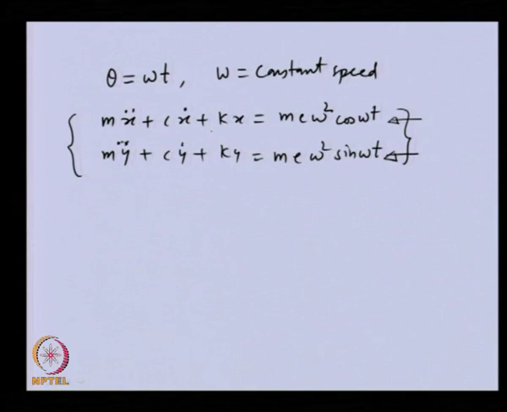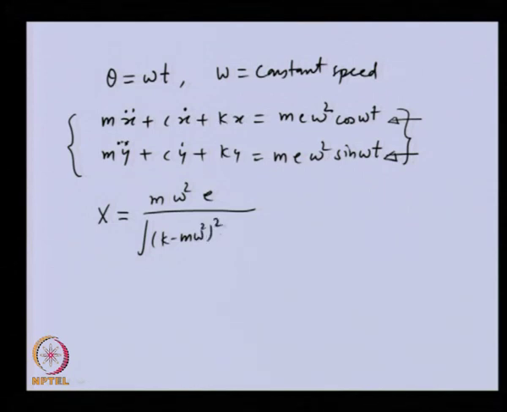So, from the previous analysis we can write the x displacement amplitude as m e omega square over the dynamic stiffness term. It will be the same as y, because the rotor is symmetric.